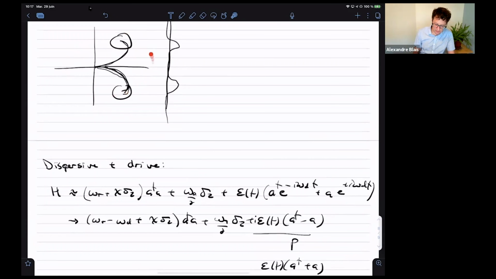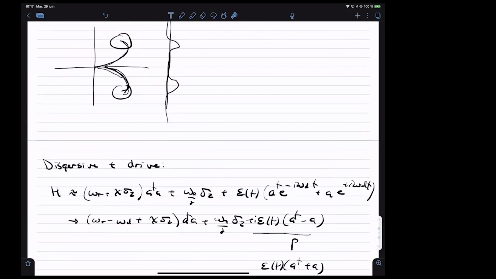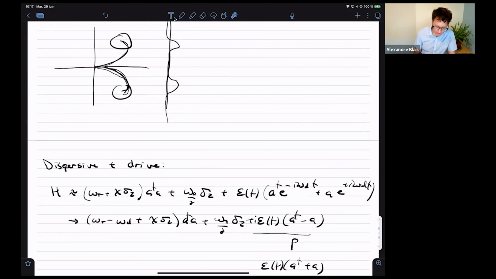And the answer is here. Can anyone say? To displace the two blobs to the right. Yeah, exactly. I wanted a displacement along the axis, and so the generator is P.